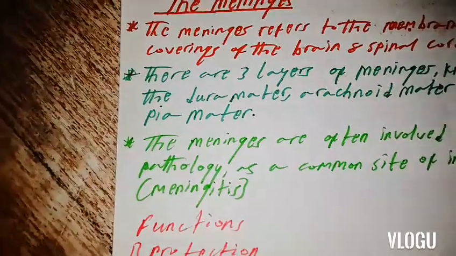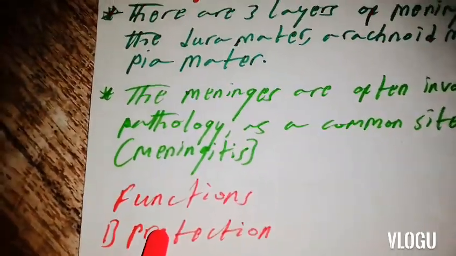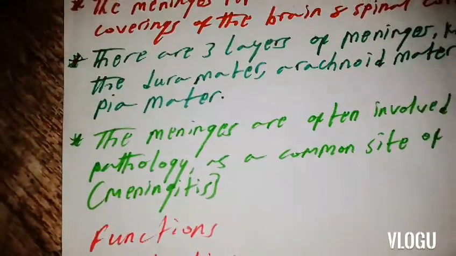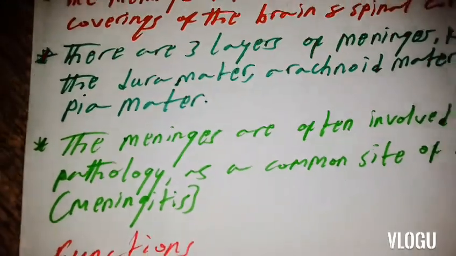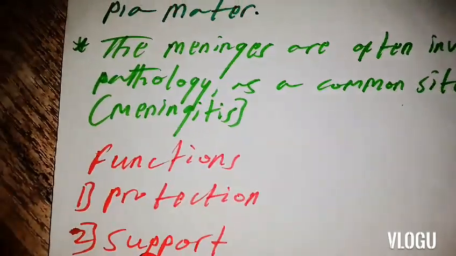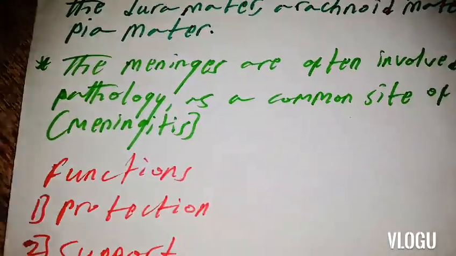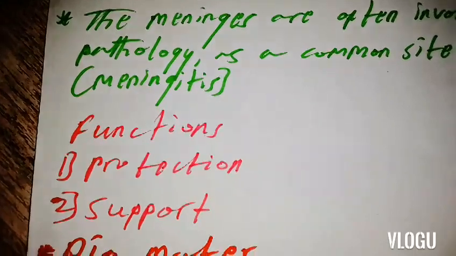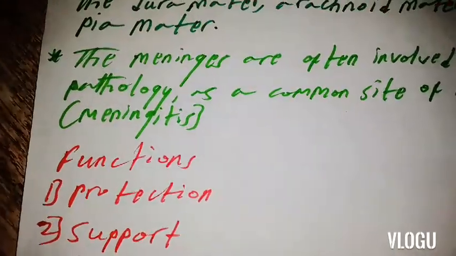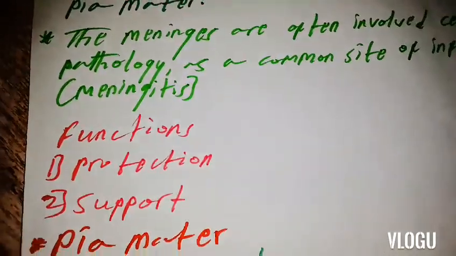One, protection: they act with cerebrospinal fluid to protect the central nervous system from mechanical damage. And two, they provide a supportive framework for the cerebral and cranial vasculature. Now let's look at each of these in detail.